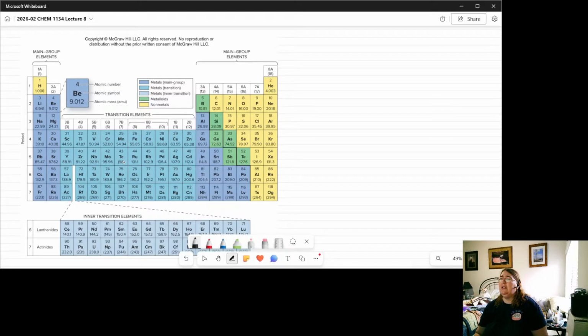But what he did do was he recognized that when he started putting elements in order from their mass, but then also their reactivity, he basically was ordering by mass, but creating columns that reflected reactivity.